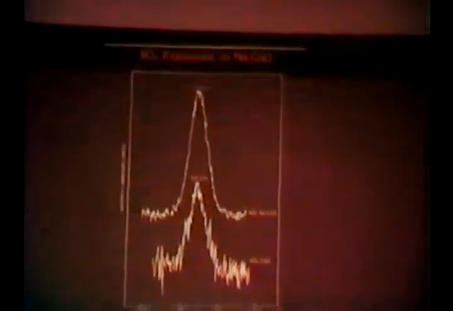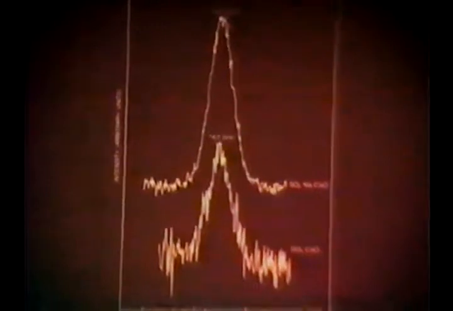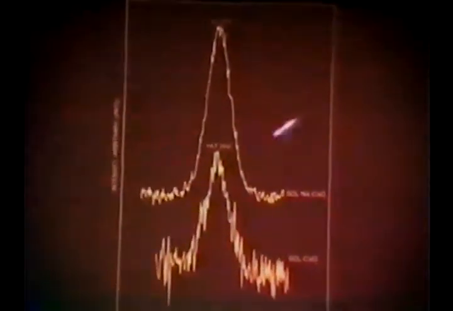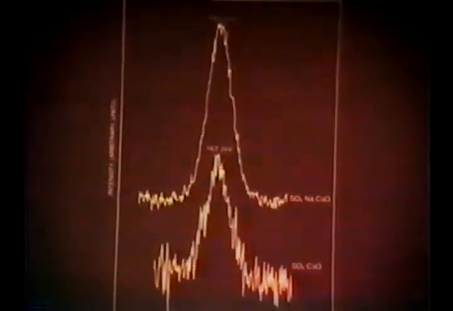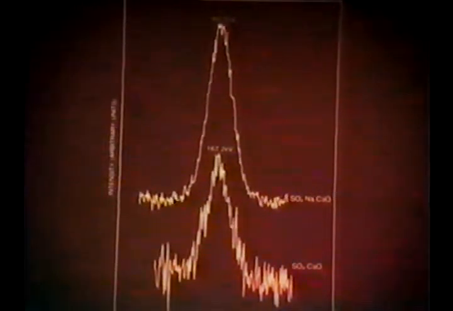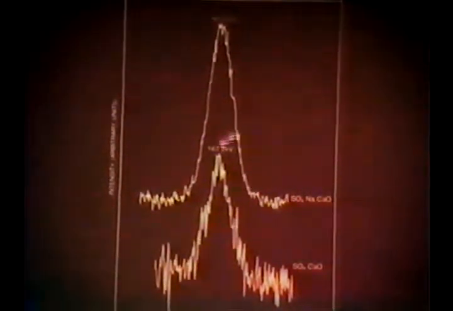Now let's look at the sulfur dioxide exposures on sodium calcium oxide. When pure calcium oxide and sodium evaporated on calcium oxide were exposed to sulfur dioxide, we observe only one sulfur peak. This is for pure calcium oxide and this is for sodium on calcium oxide. As you can see, the binding energies were similar in both cases.